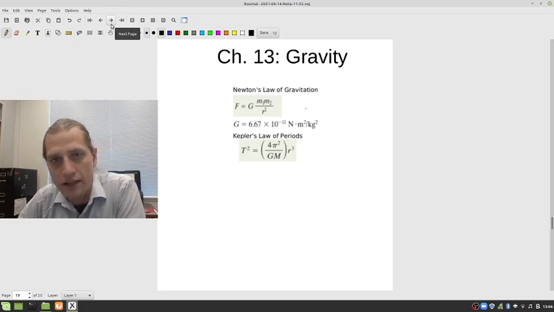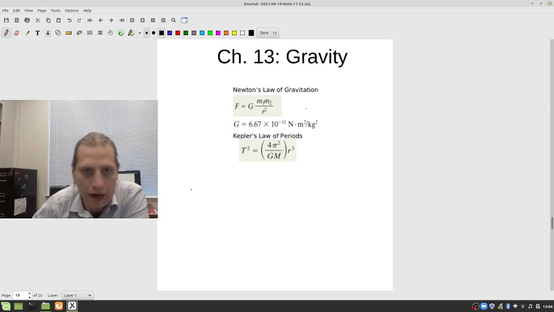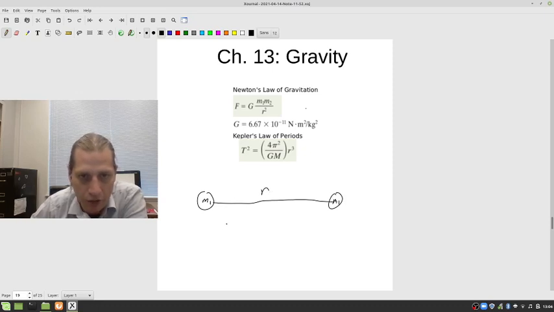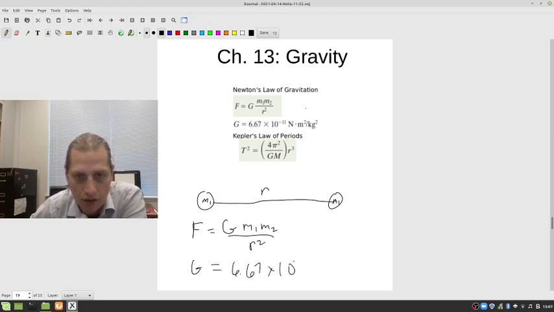All right, and now last but not least, gravity. And so gravity, the most important thing to remember is that if you have two objects, M1 and M2, and they have some distance r between their centers of mass, the gravitational force between the two objects is going to be G M1 M2 over r squared, where G is just a constant of nature, newtons times meters squared over kilograms squared, okay?